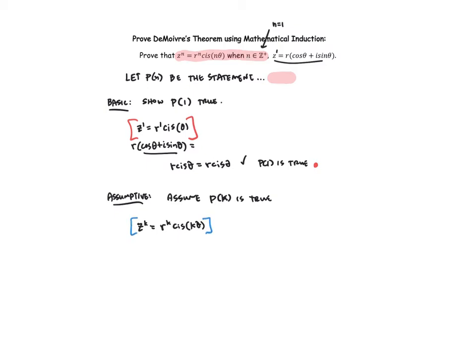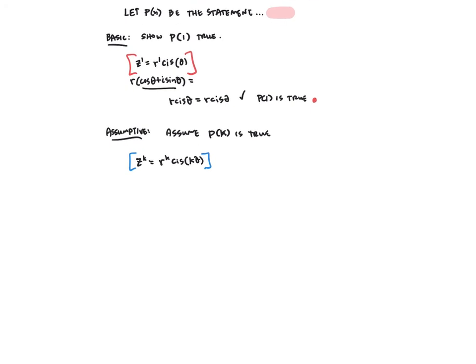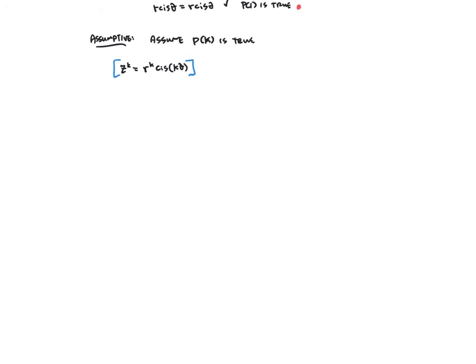Now comes the work. We're going to get into the inductive step. So here we go. In the inductive step, our objective is going to be to prove that the next term will always be true.